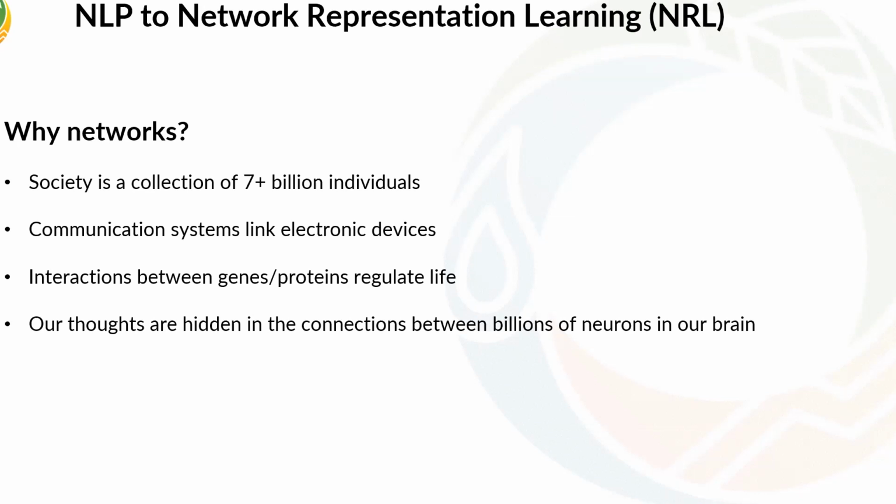Each person we can model as an object, and the relationships between different people can be modeled as edges in our graph. And also we have communication systems linking different electronic devices, and interactions between genes and proteins, which regulate our life. And even our brain, we can model the different neurons in our brain and the relationships between these different neurons as a graph as well.